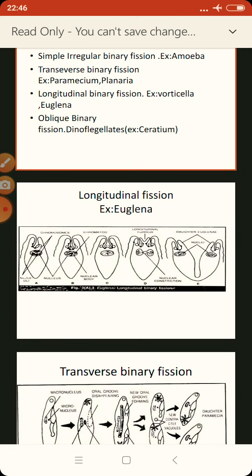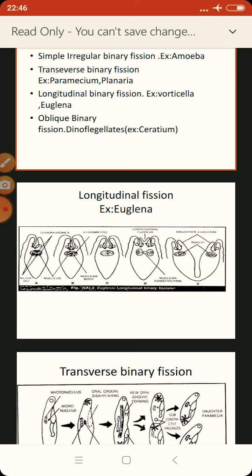Next we have something called transverse binary fission. What do you mean by transverse binary fission? Here the parent will be divided in a particular plane. We say that the plane of the division runs along the transverse axis of the individual.